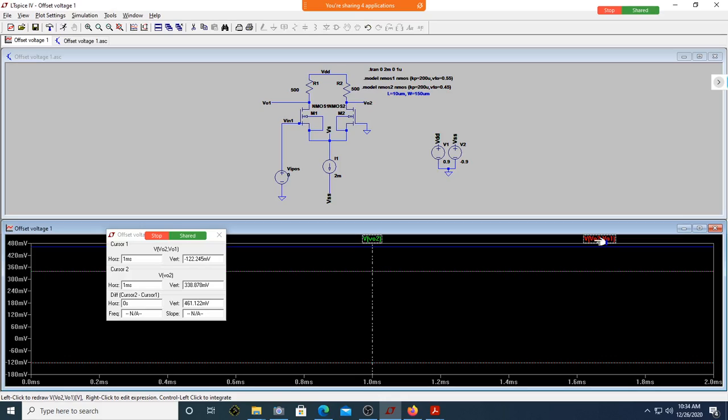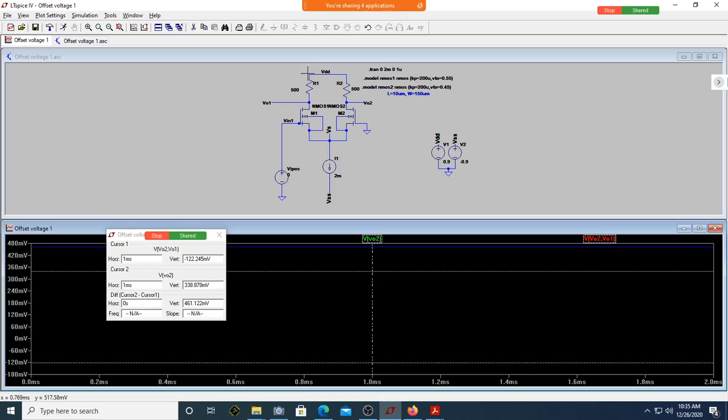Are we getting it as per theoretical? See how close it is. Everything is verifiable. Now to overcome this minus 122, how much do you have to apply?